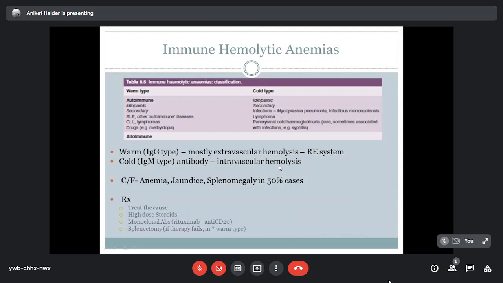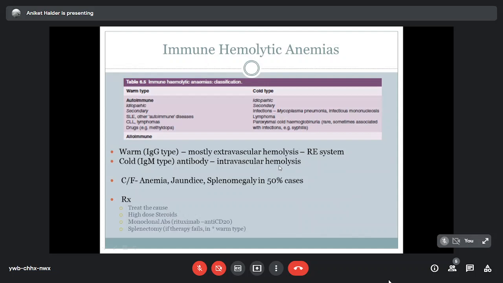And the cold type immune hemolytic anemia has mainly intravascular hemolysis rather than extravascular hemolysis, as the IgM molecules disperse away when they flow through the central system of the body, where the temperature is more than 30 degrees.